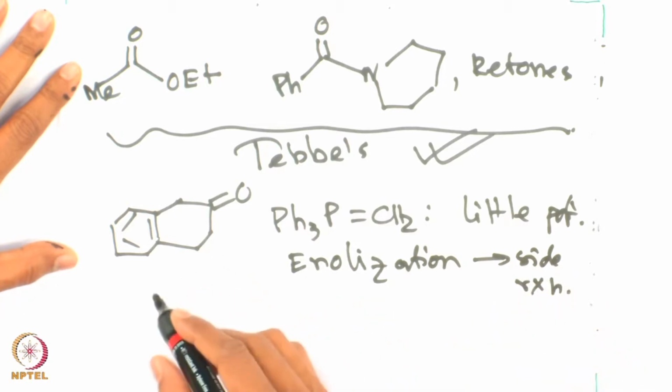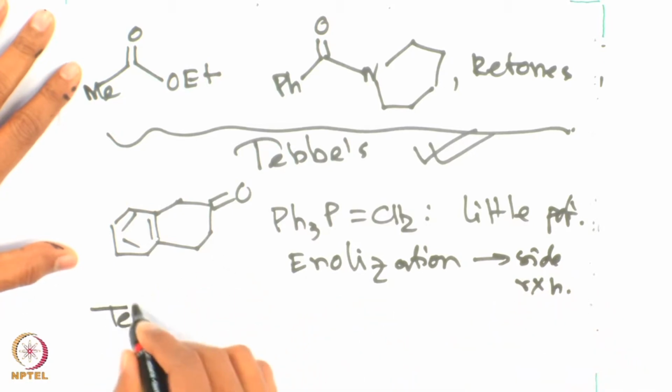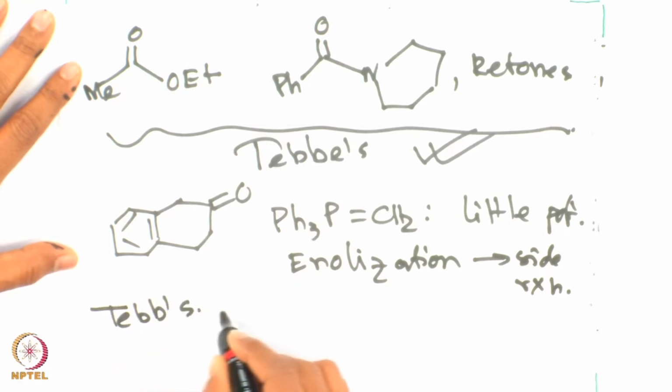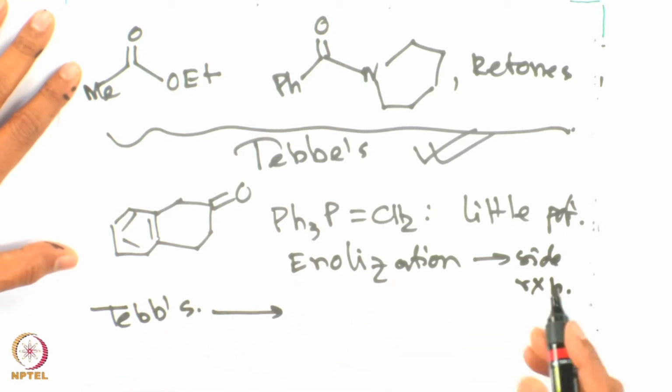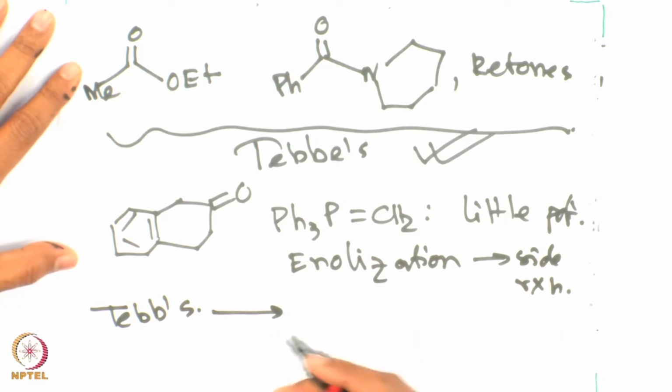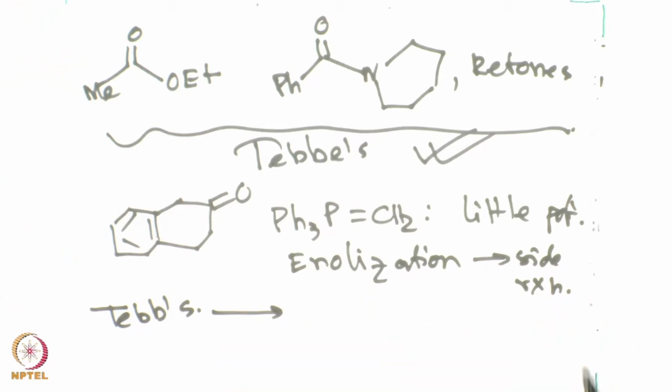Now, Tebbe's reagent can be used over here very beautifully, because it is less Bronsted basic and therefore has a lesser ability to accept a proton. So, you can expect less enolization. Tebbe's reagent is not promoting the enolization that effectively, and overall we can get quite a good reaction with Tebbe's reagent.